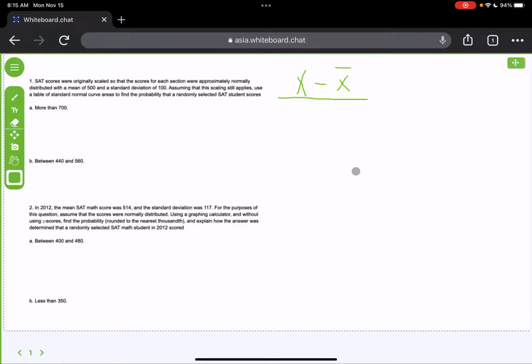Standard deviation. So, if our value is 700, our mean was 500, and the standard deviation is 100, this is going to give us a what? It gives us a z-score, right? So, what is the z-score? Well, that is 200 over 100, so that is equal to 2.